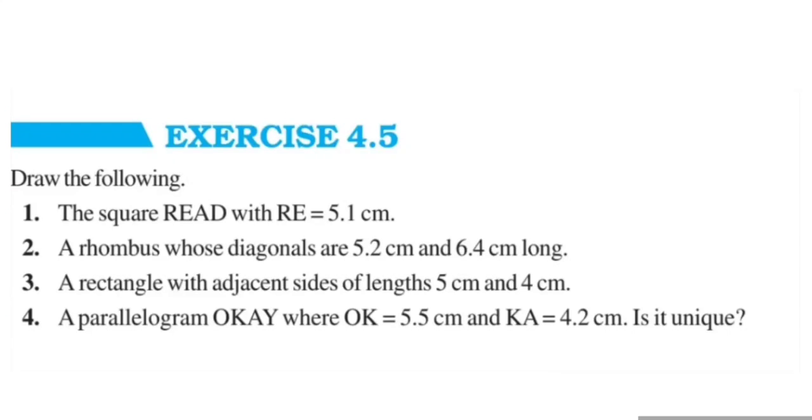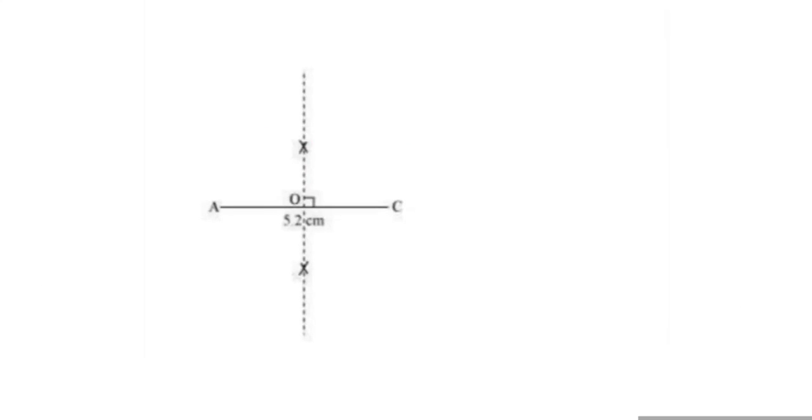See question number 2. A rhombus whose diagonals are 5.2 centimeter and 6.2 centimeter long. So let's see the steps. First, draw a line segment AC equal to 5.2 centimeter and draw its perpendicular bisector.